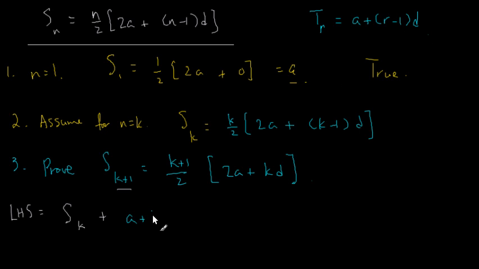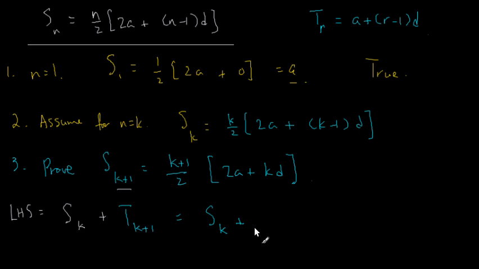It's easier if I make it clearer by writing T of k plus 1. I have to add one more term to the sum to k terms to get the sum to k plus 1 terms. So that would be S_k plus this one.